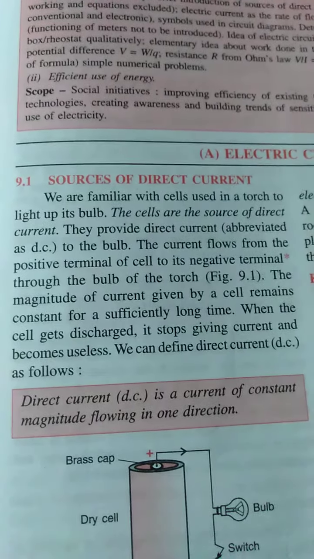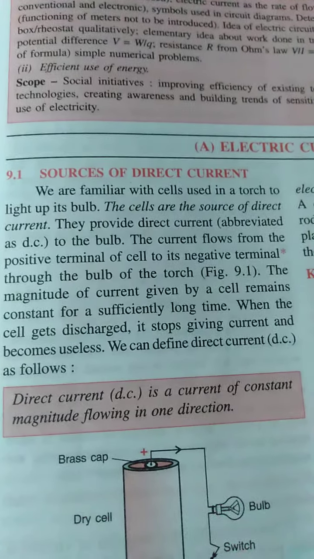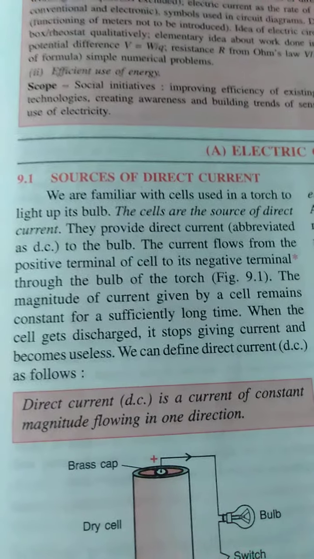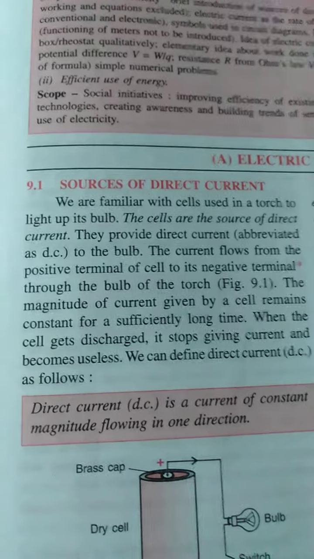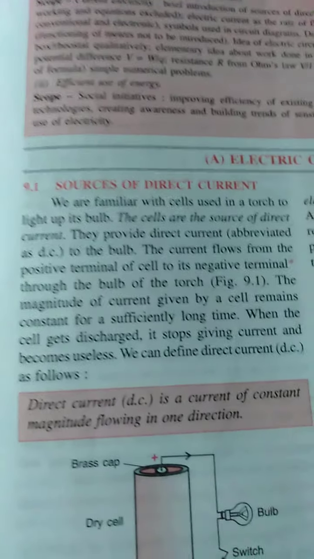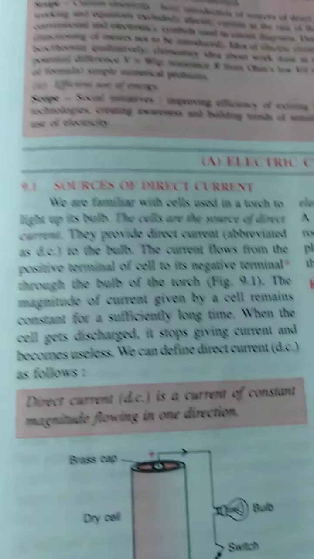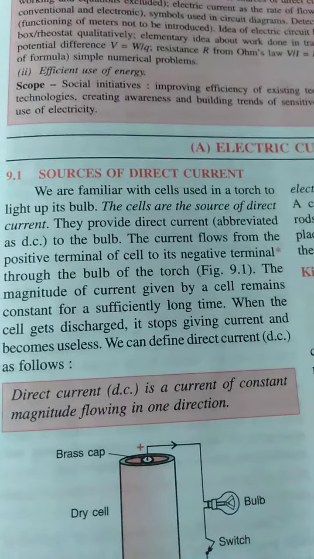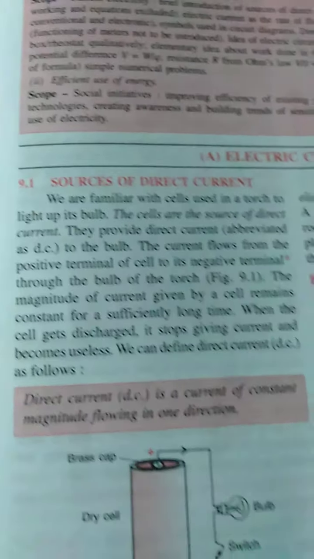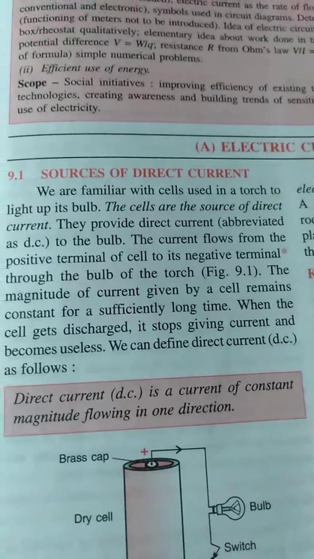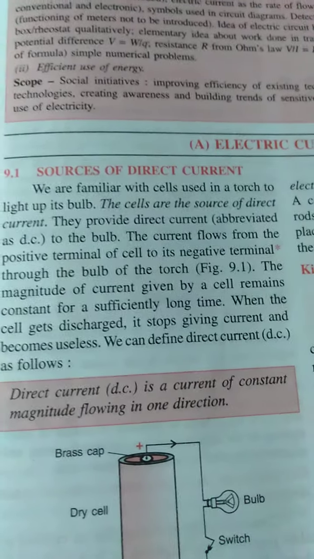That is why it is called alternating current. But we are going to study the direct current, the current which flows in one direction from the positive terminal to the negative terminal and whose magnitude remains constant for a long time.